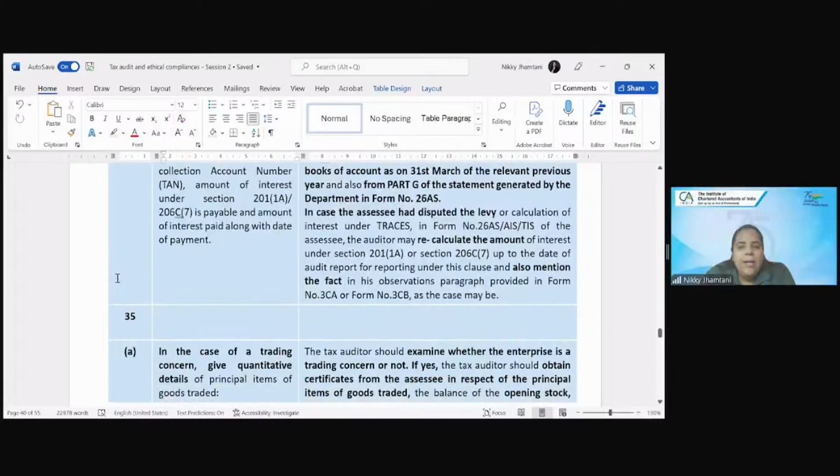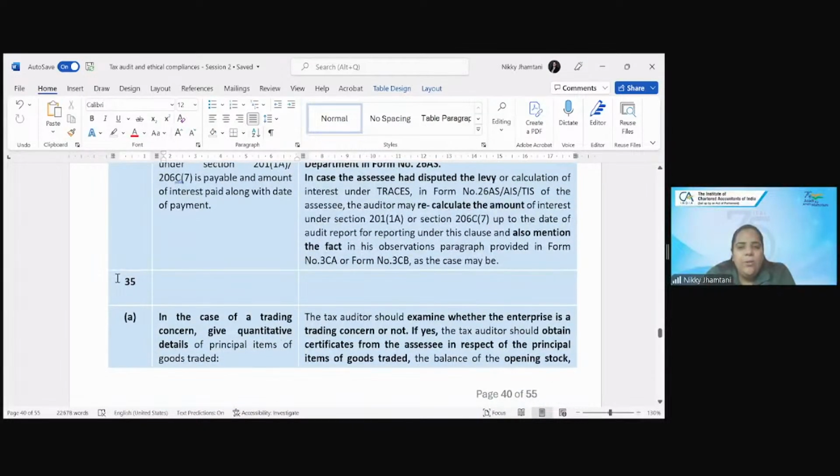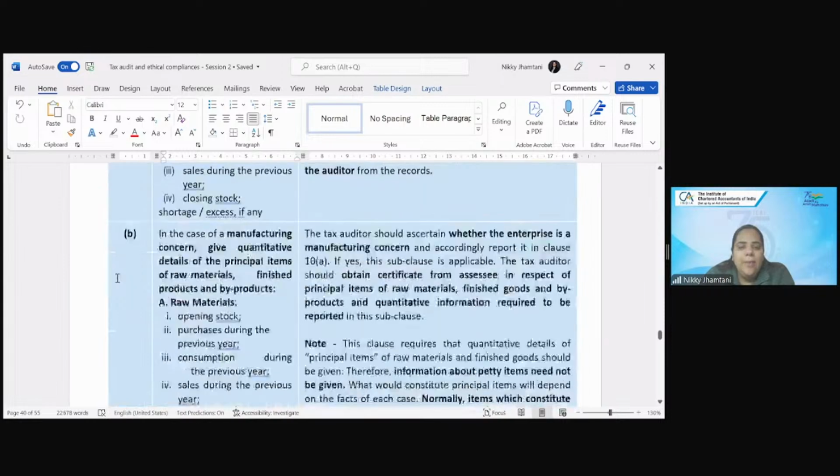In case the assessee had disputed the levy or calculation of interest under TRACES in Form 26AS or AIS or TIS of the assessee, the auditor may recalculate the amount of interest under these sections up to the date of audit report for reporting under this clause and also mention the fact in his observations paragraph provided in Form 3CA or 3CB as the case may be.